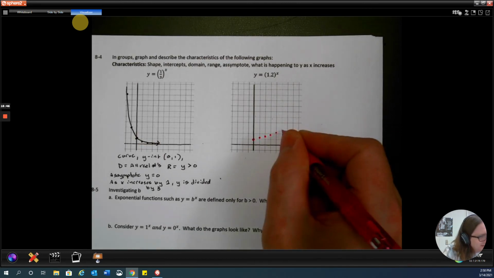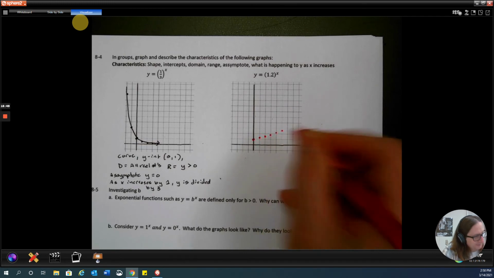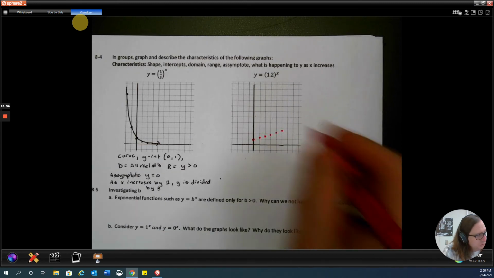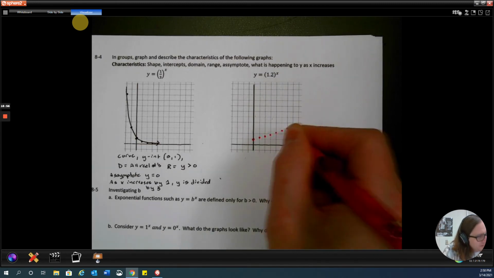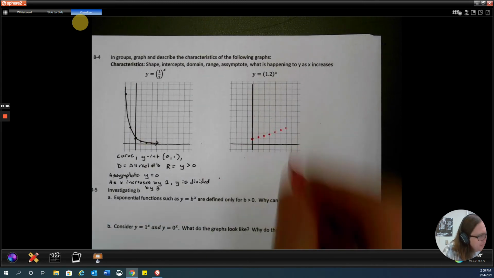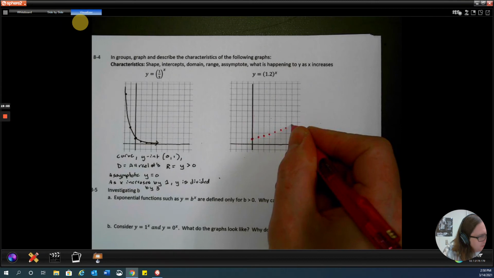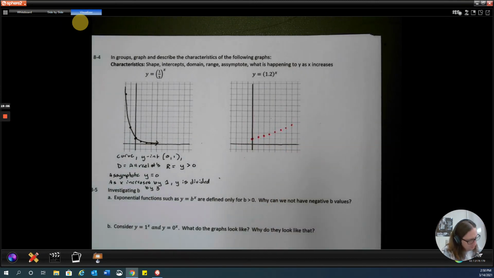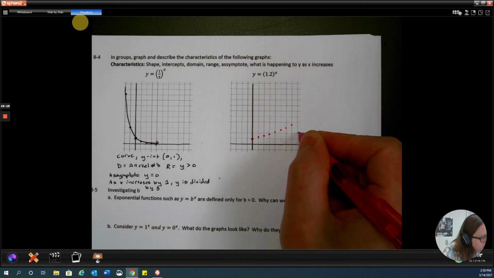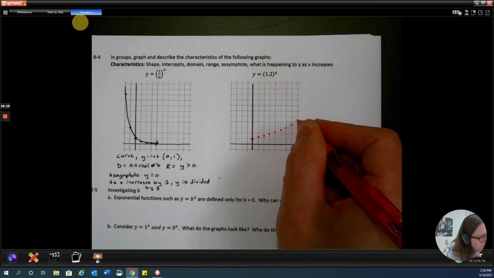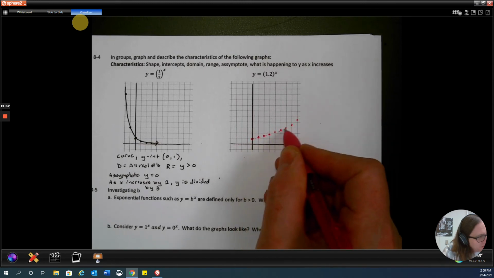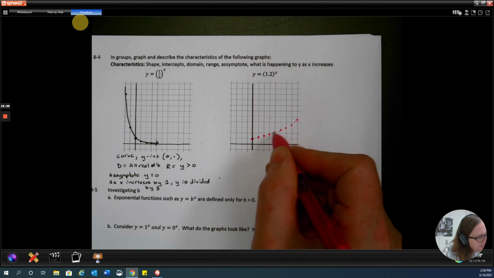Sorry, I messed up when typing it in. Times 1.2 again. It's almost to 3. Times 1.2 again. It's at 3.5. A little bit more than that. Times 1.2 again. 4.3. 1, 2, 3, 4.3. And now we finally see that the curve is taking off here. See, it took a while, but we kind of finally see the curve.